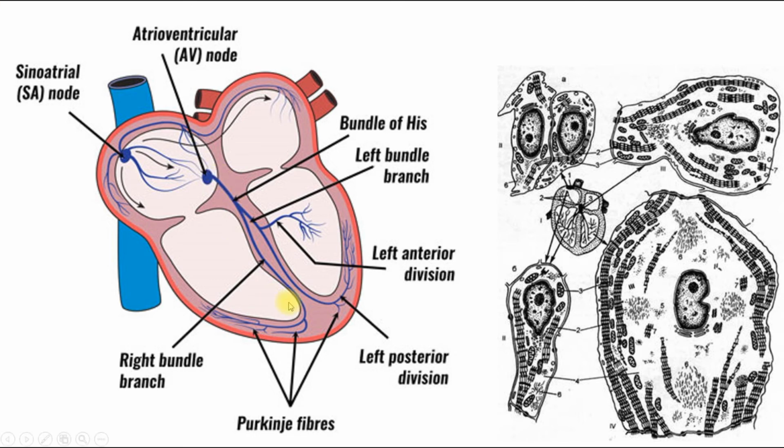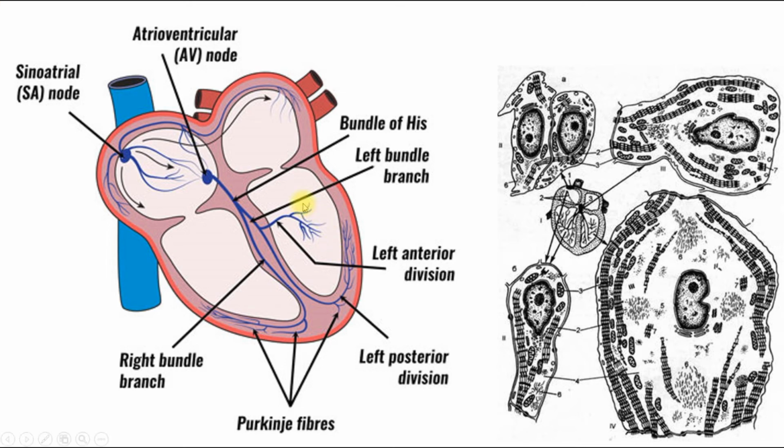And Purkinje fibers, if they don't receive information from previous two nodes, for example after infarction of myocardium, may generate own impulses with frequency about 20 times per minute. But usually SA node generates nerve impulses which are distributed via all those branches, and they reach all contractive typical cardiac myocytes.